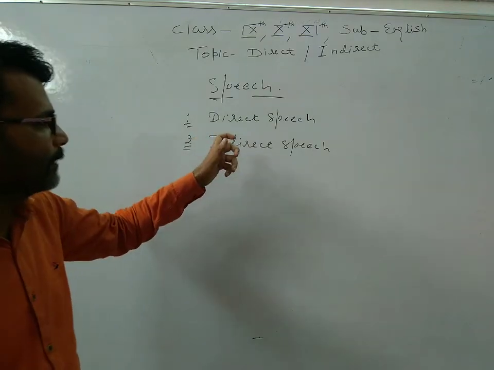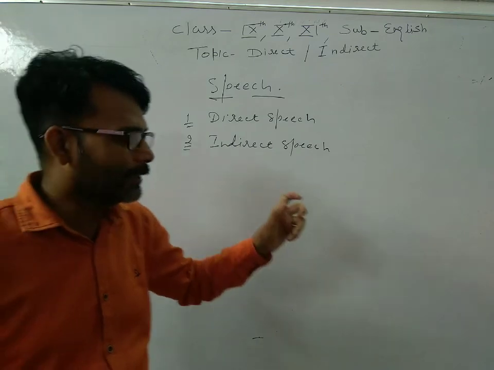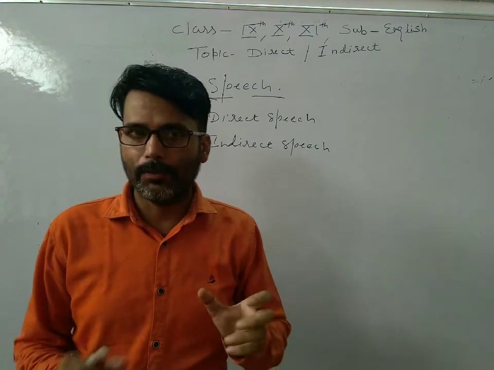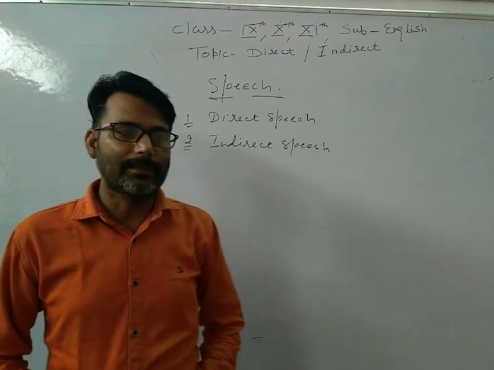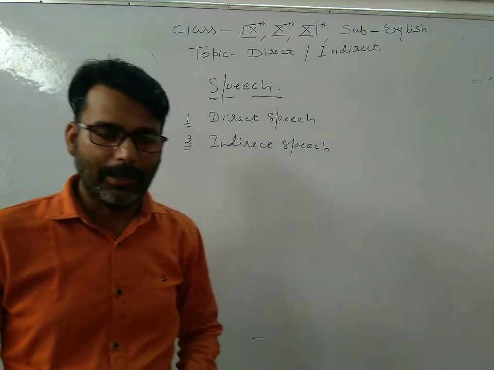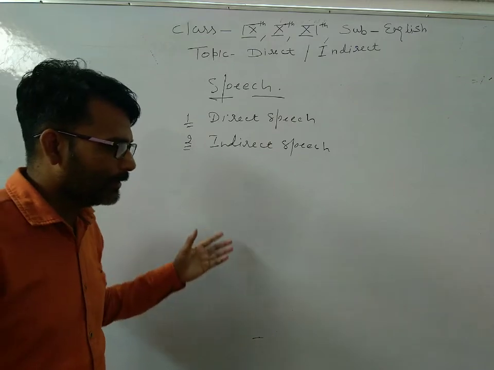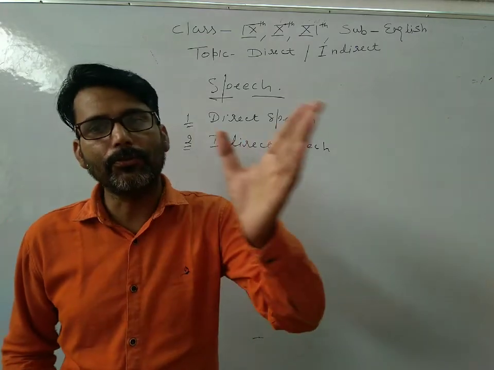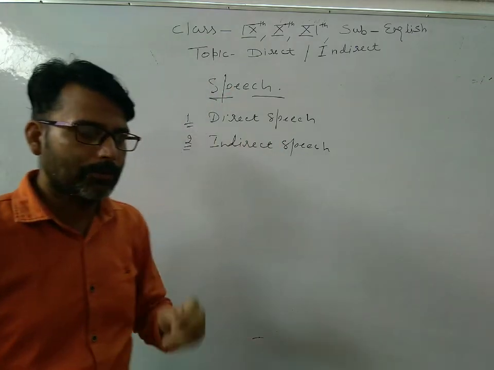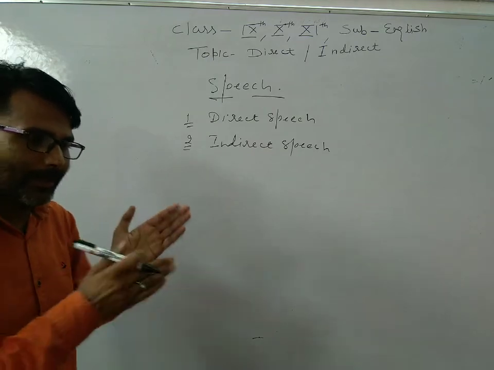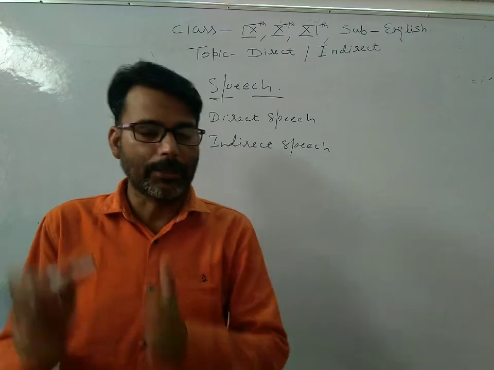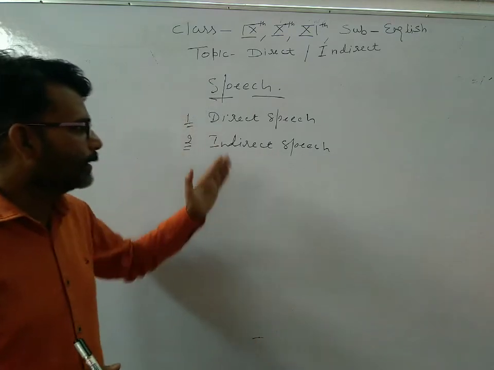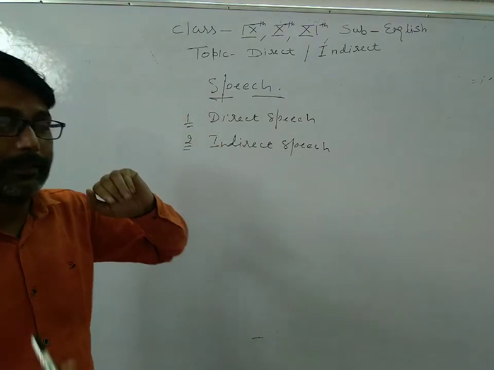So the difference between direct speech and indirect speech is that, suppose someone has said something to you and you have to express the same thing to another person. So there are two ways to express what anyone has said to anyone. First is direct and second one is indirect.